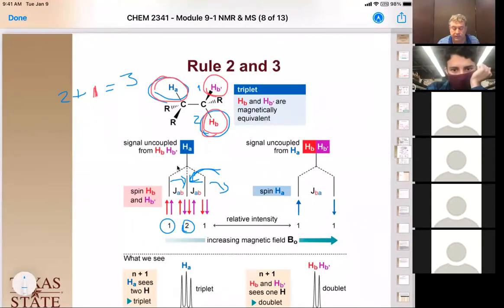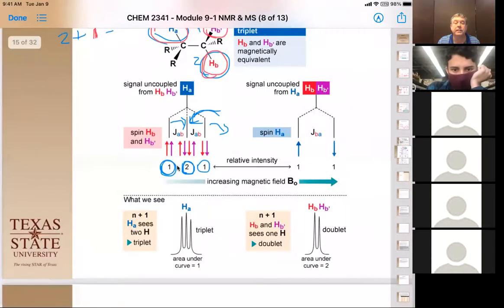And so the relative intensity of the signal is 1 to 2 to 1. But if we integrate under the curve, we actually see the entire area under the curve is a value of 1. That's where that integration under the curve is more important than the height of the peak.